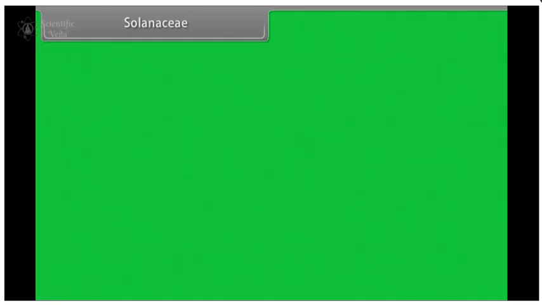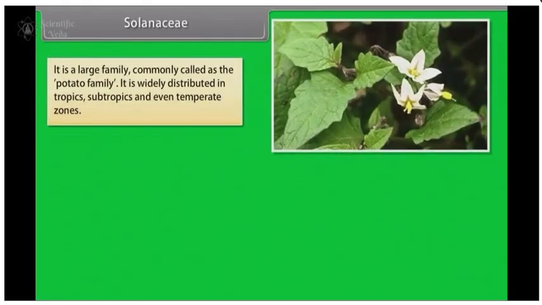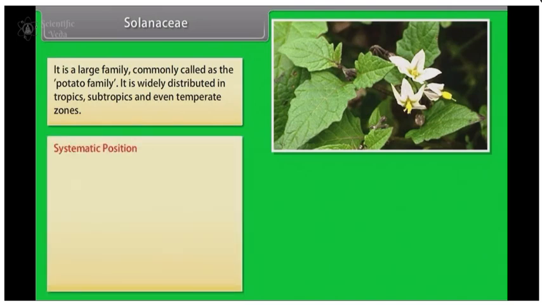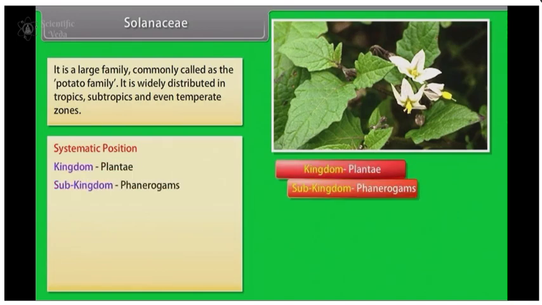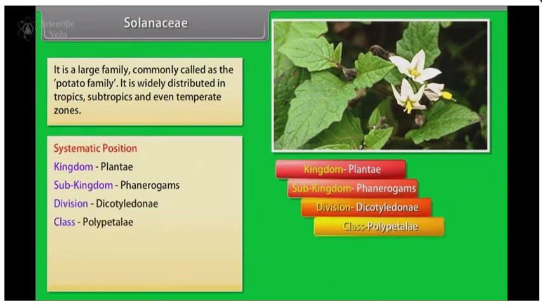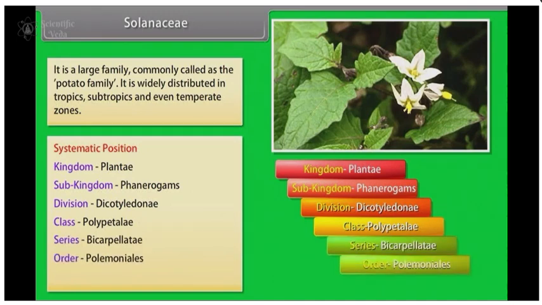Solanaceae. It is a large family, commonly called the potato family. It is widely distributed in tropics, subtropics, and even temperate zones. Systematic position: Kingdom Plantae, Subkingdom Phanerogams, Division Dicotyledoneae, Class Gamopetalae, Series Bicarpellatae, Order Polemoniales, Family Solanaceae.